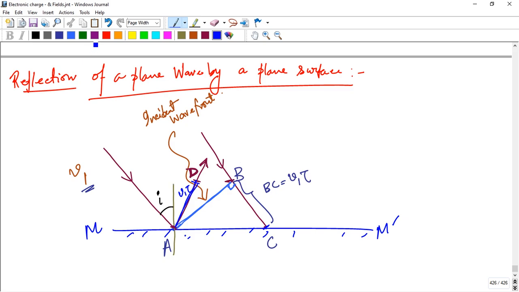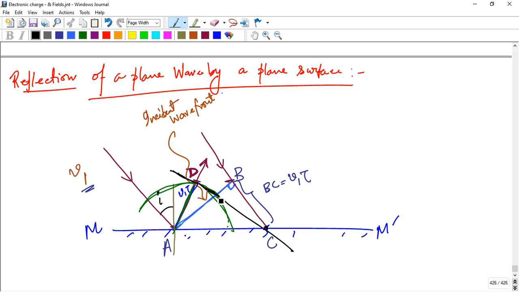Now I draw a sphere of radius v1 tau. This green color sphere has radius v1 tau. Now draw a tangent from D passing through C. It looks like a tangent, so don't be confused.